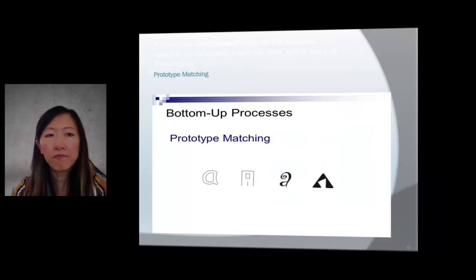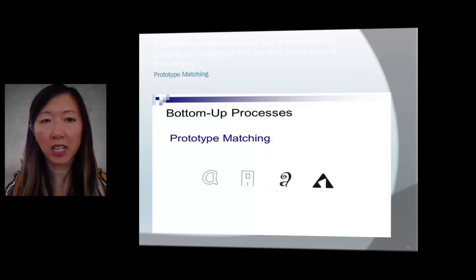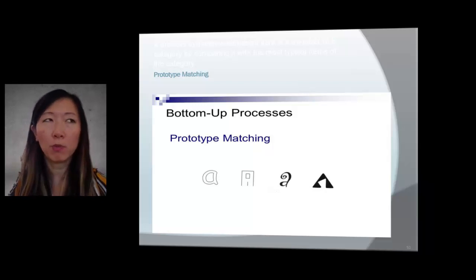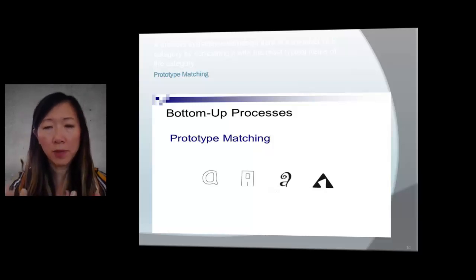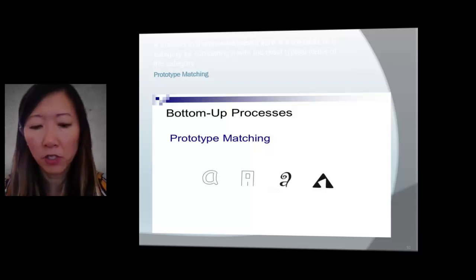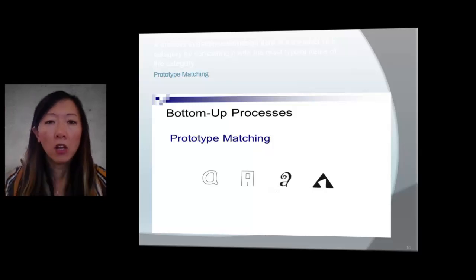The last bottom-up theory is something called prototype matching. This theory proposes that we don't have specific templates. We probably don't have thousands of geometric shapes that we build in order to recognize an entire object.